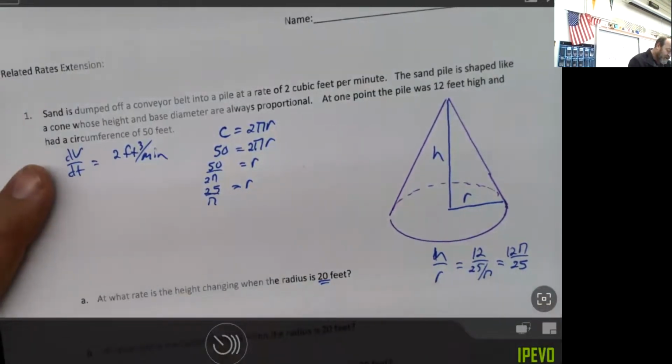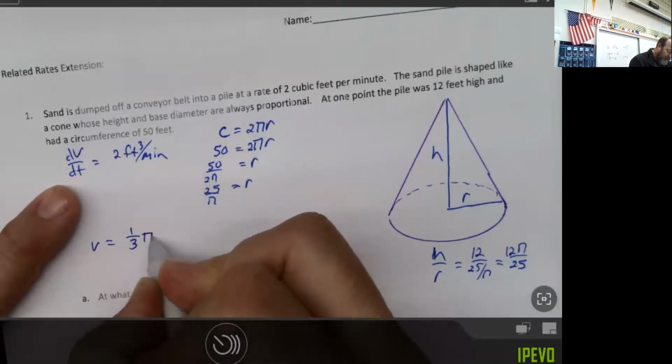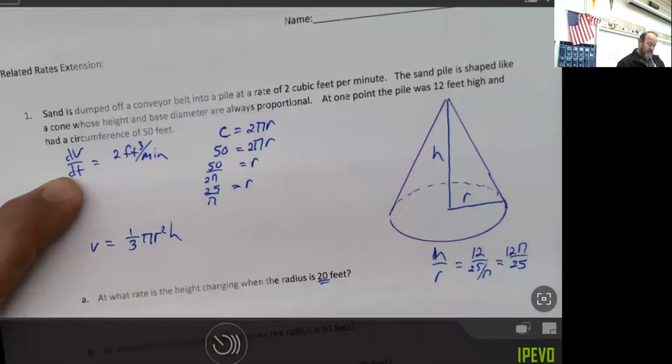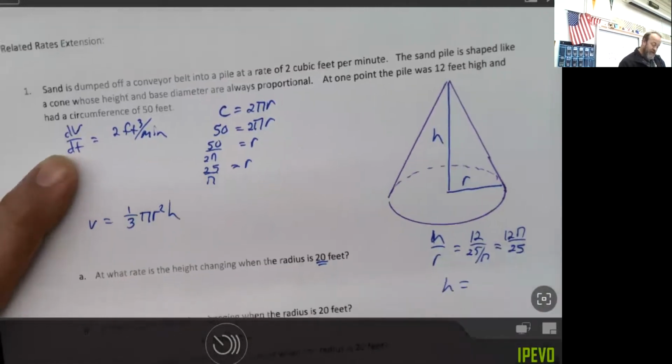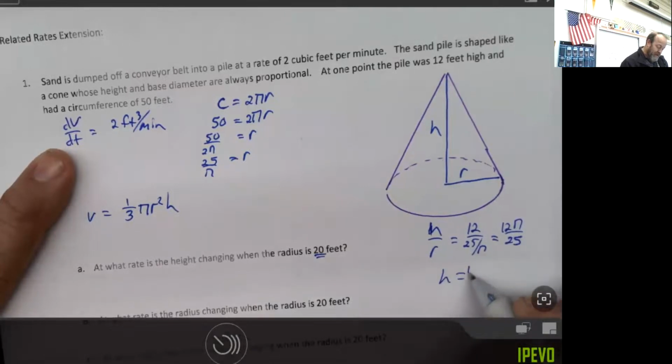So let's see. Volume, of course, is 1/3 pi r squared h, but we have a nice little relationship right here. Over here we had h over r equals 12 pi over 25. That means h is 12 pi over 25 r.